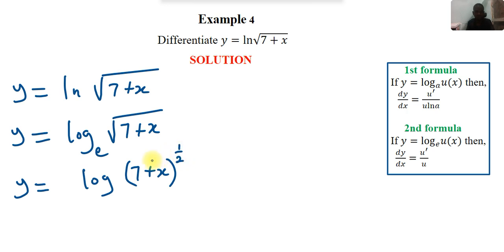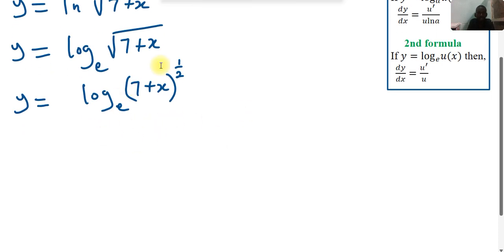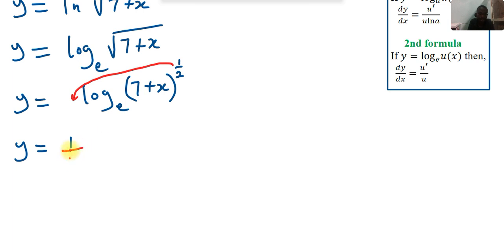All raised to power half. So if you recall from the law of logarithms, you can rewrite this as y equals, you bring this half to the front of the log, then you have 1 over 2 log of 7 plus x base e.